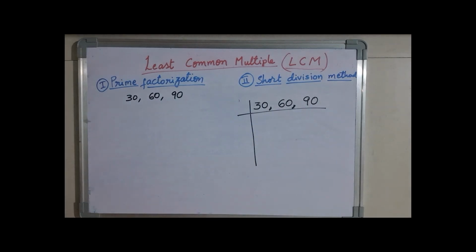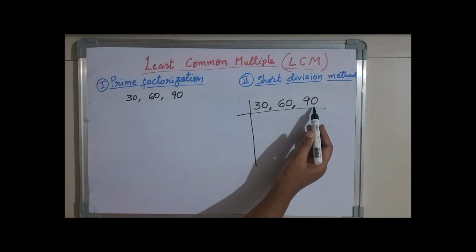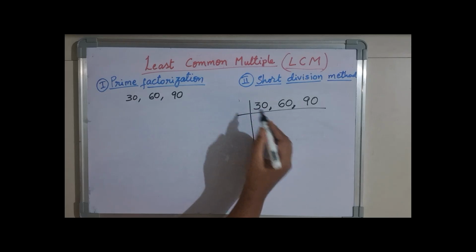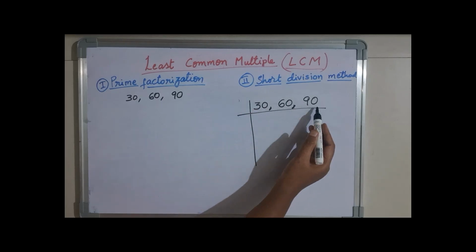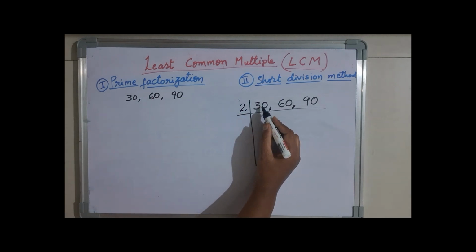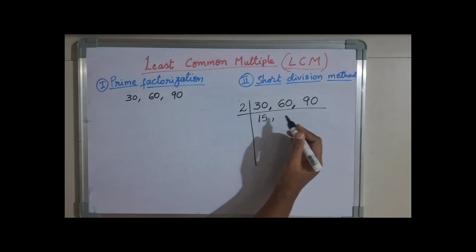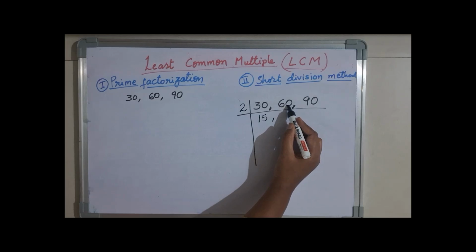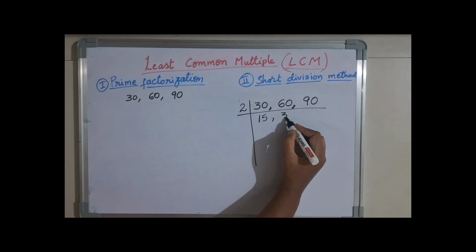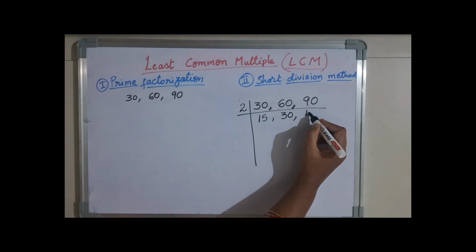The first prime number which is common to these 3 numbers is 2, so we write 2 here. 2 fifteens are 30, so we write 15 under the 30. 2 thirties are 60, so we write 30 here. And 2 forty-fives are 90, so we write 45 under this 90.